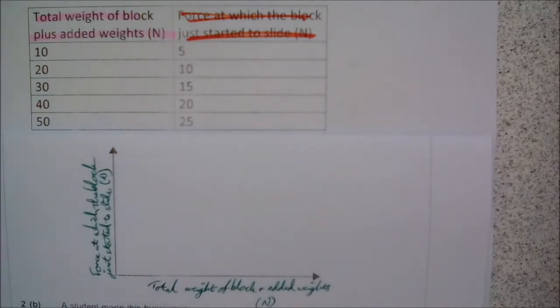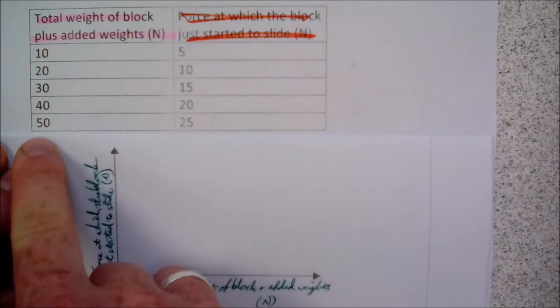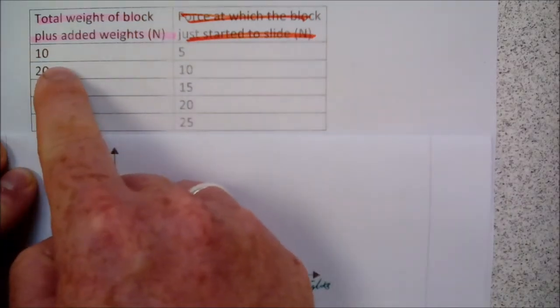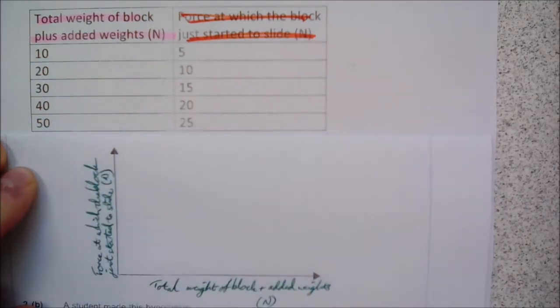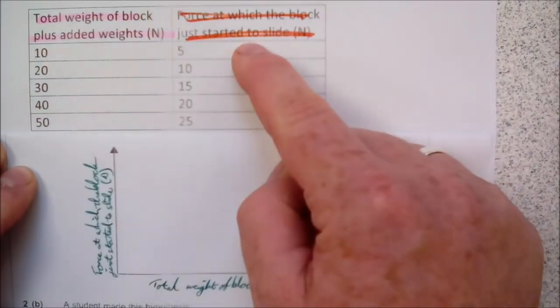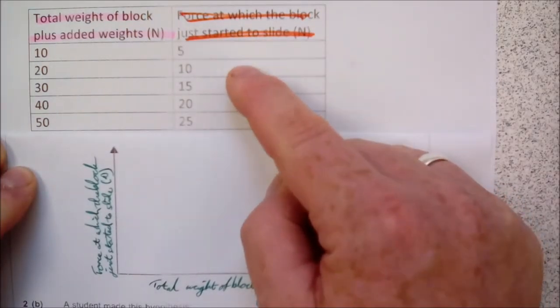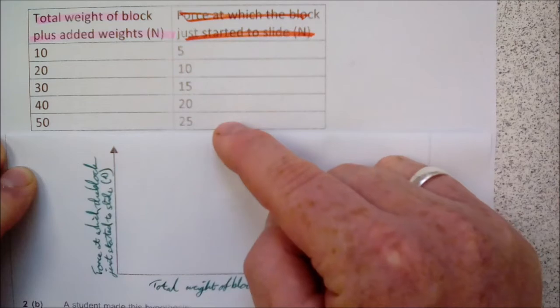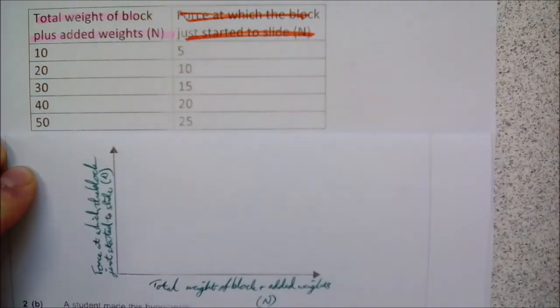Now we need to look carefully at the data. We can see this goes up in a linear fashion, just nice even 10 Newton steps. This one also goes up in steps, but this time it's 5 newtons each time. So if we were to plot that data, we would actually see that every 10 newtons we go across, we only go up 5.